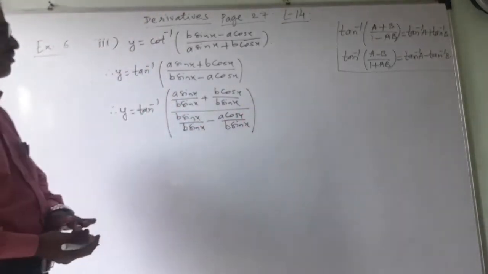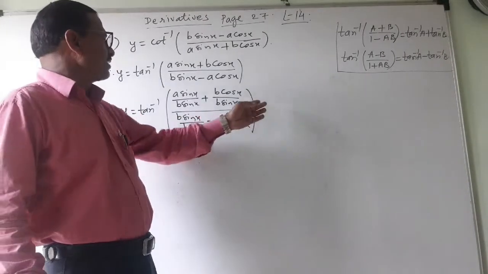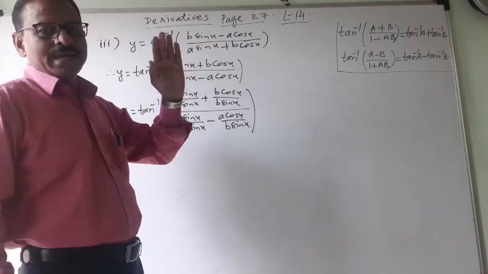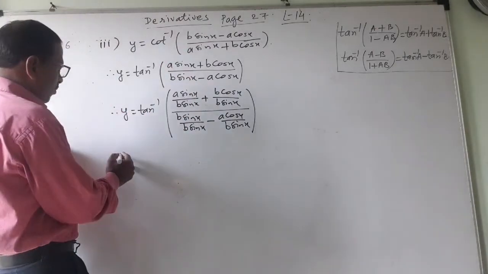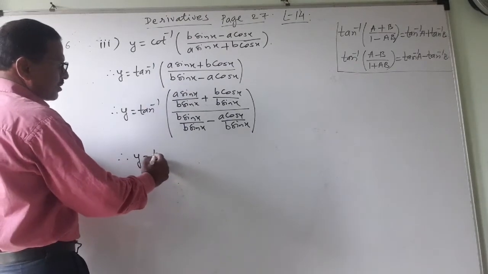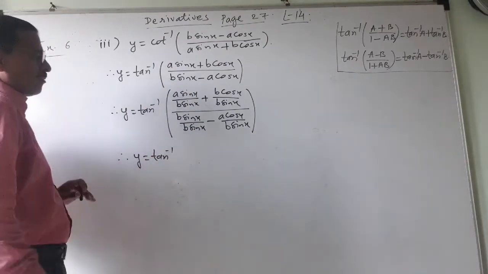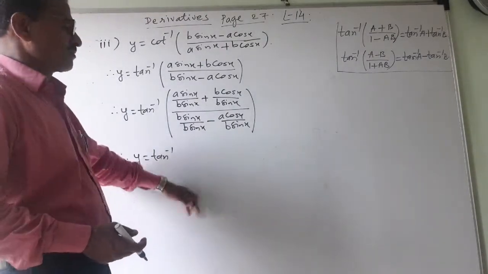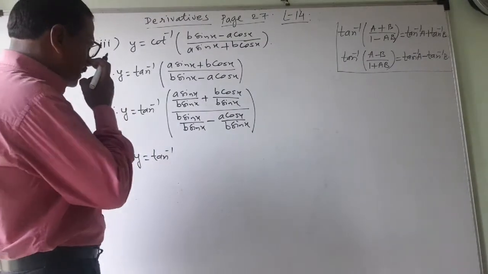So if you want to write the reason, you will write: dividing numerator and denominator by b sin x. Orally also you can write it directly, but it is risky, because in the board exam if a single step is wrong, you will get 0 marks for that. So don't take a risk.